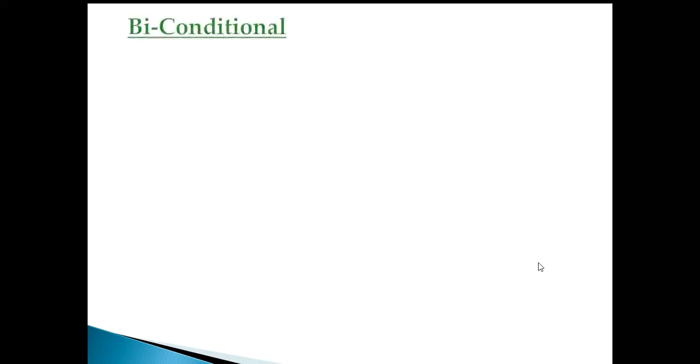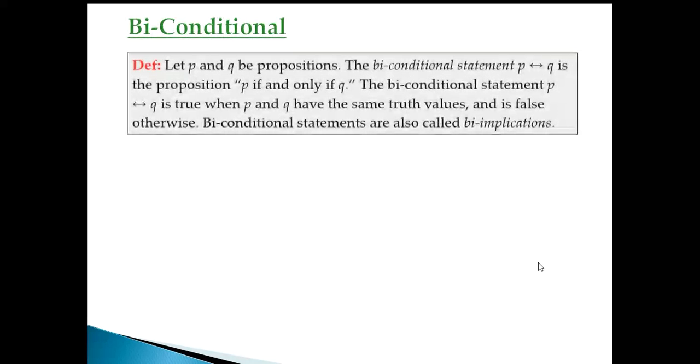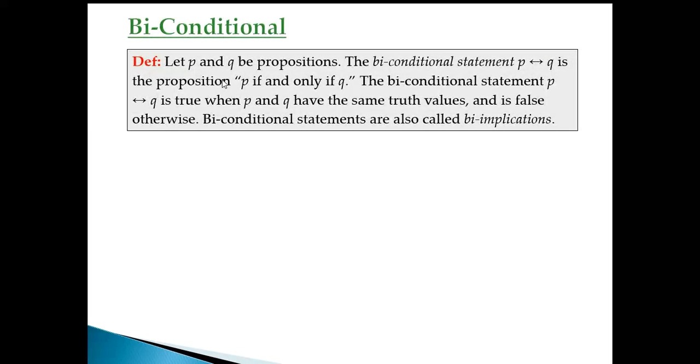Clear? So next we come to the biconditional. What is the biconditional statement? If we have two propositions P and Q, then the biconditional statement, P biconditional Q, is the proposition that is P if and only if Q. The biconditional statement is true when P and Q have the same truth value, and is false otherwise.